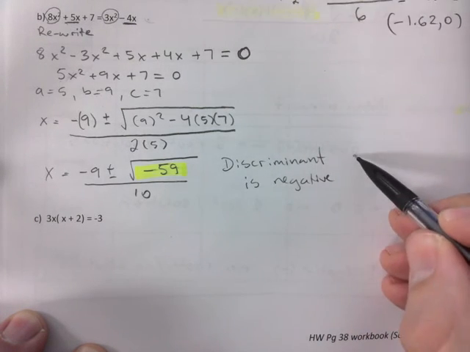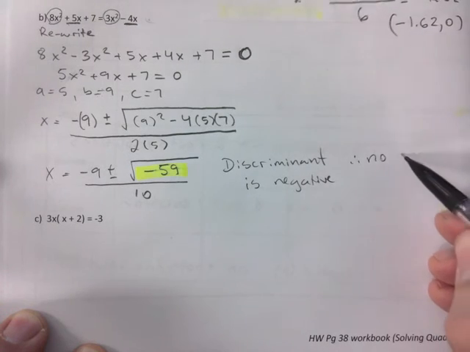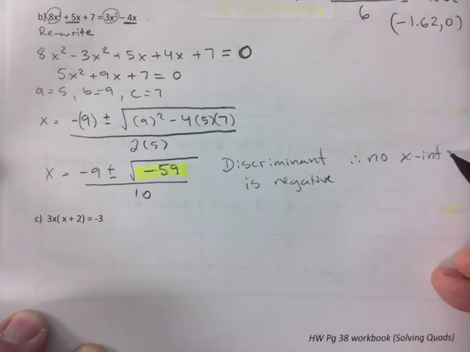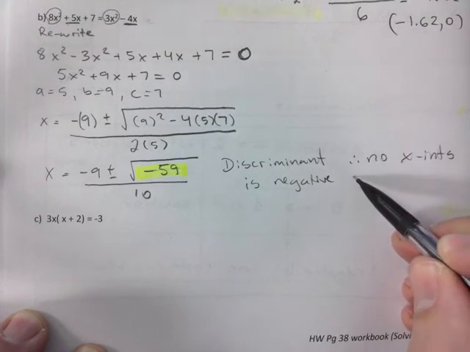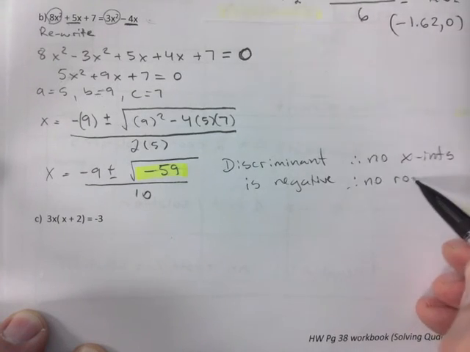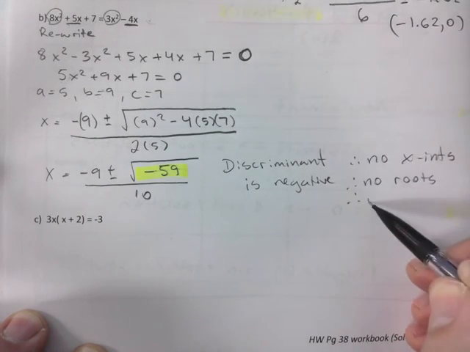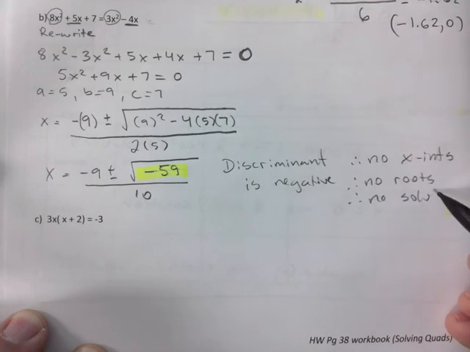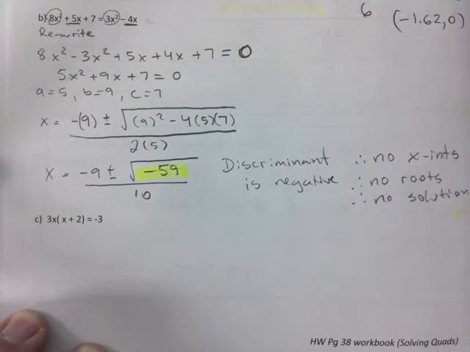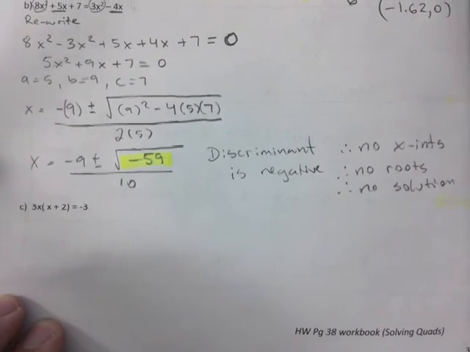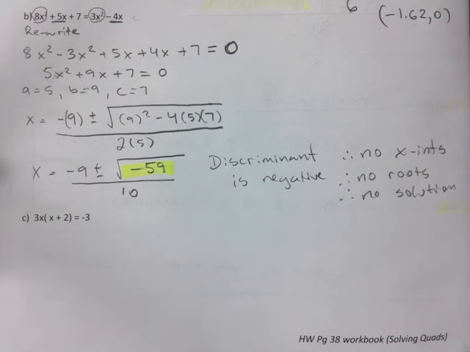Discriminant is negative, therefore no x-intercepts, therefore no roots, therefore no solutions. This parabola does not cross the x-axis. So it does happen, not very often, but it does happen.